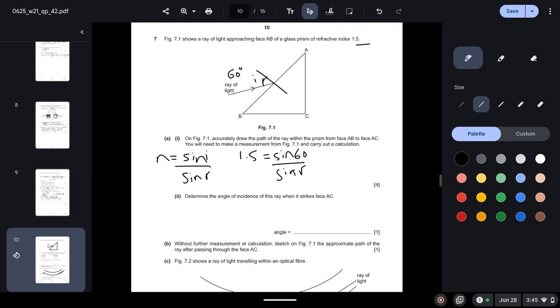Just solve for r, and your refracted angle would come out to be 35 degrees. It will be something like this, and then you have to complete the ray till AC.